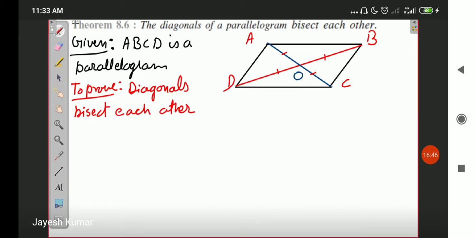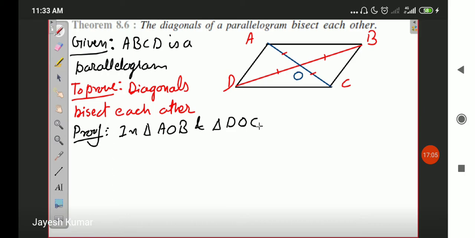Okay, so this time the triangles that I am going to take are different. I am going to focus on triangle AOB and triangle DOC.